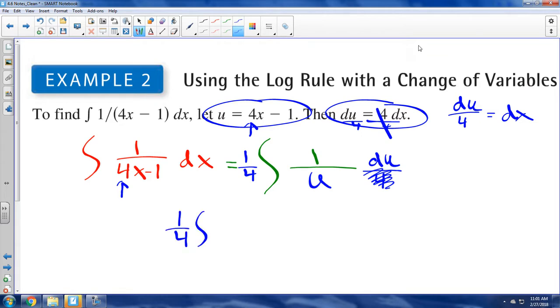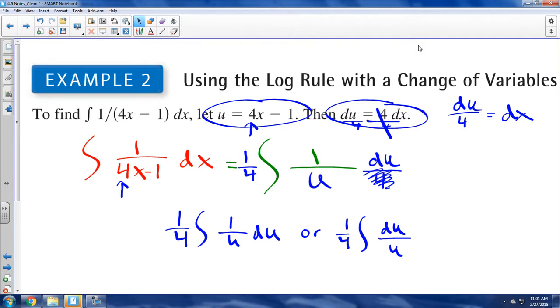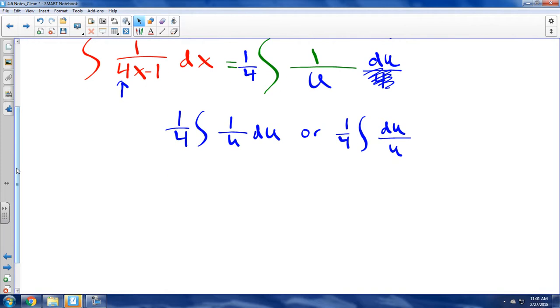You can say it's 1/4 times the integral of 1 over u du, or you can think of it as 1/4 times du over u. Either way, it's the same thing. And that means that when you integrate, we have not integrated yet, the general rule is that that's ln of the absolute value of u plus c.